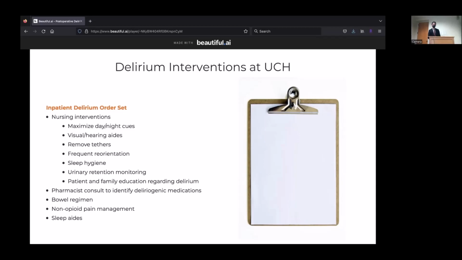When we implement this order set, it also ropes in pharmacy to identify and remove deliriogenic medications from their list. It contains commonly used laxatives, non-opioid pain management, and non-benzodiazepine sleep aids. So this contains many of the evidence-based recommendations within this order set.